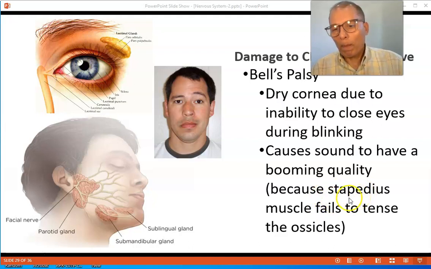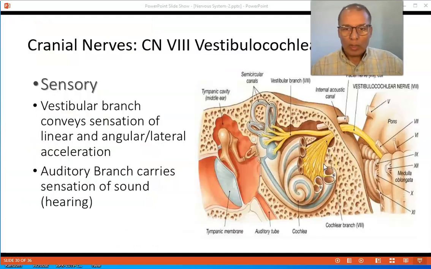It is loose. It doesn't contract, and the person hears voices as having a booming quality to them.